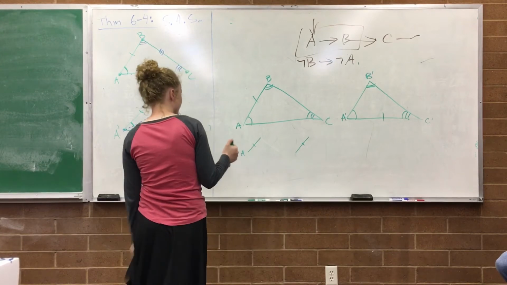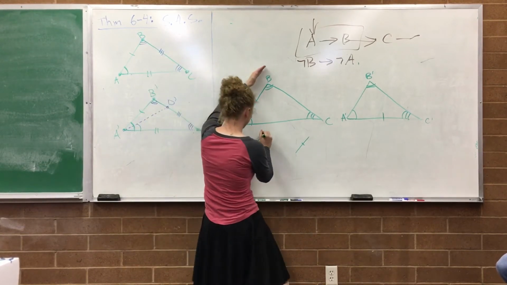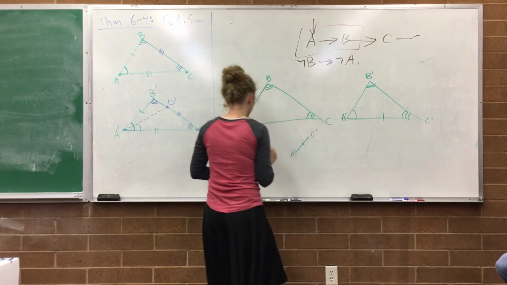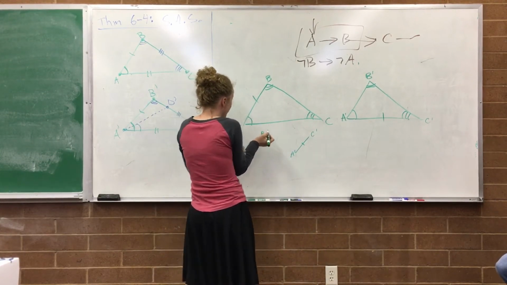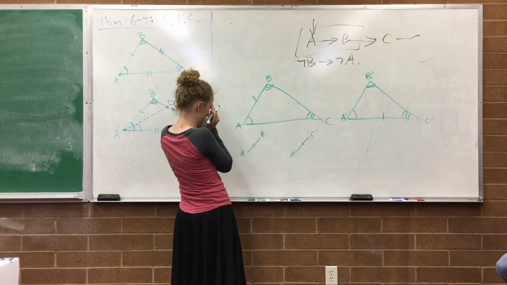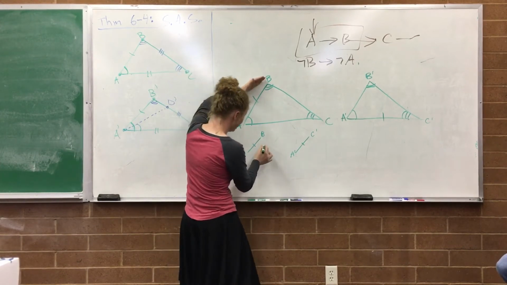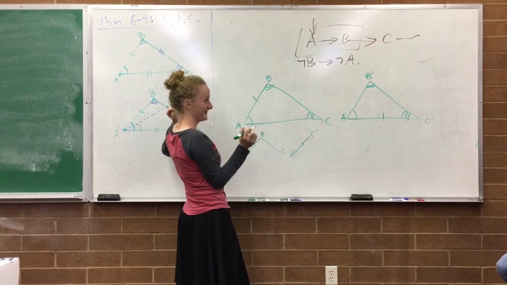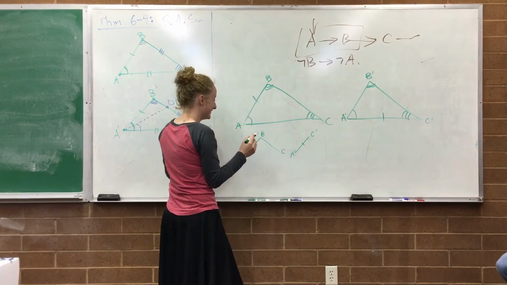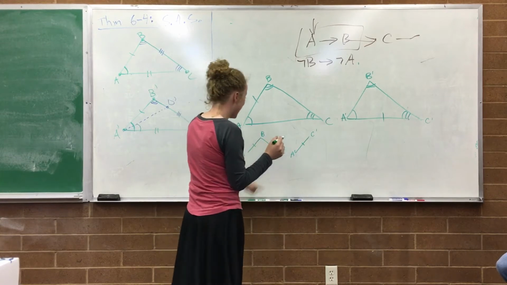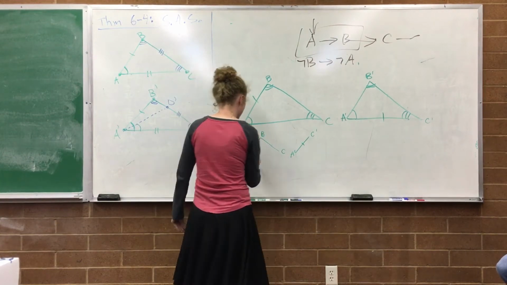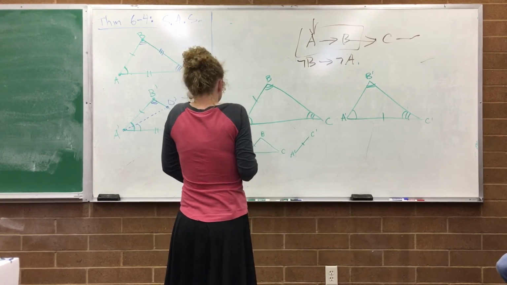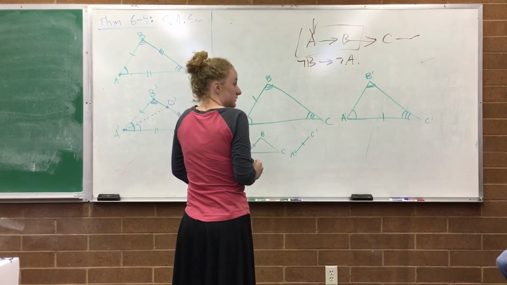Let me think. So you got A, B over there, and A prime, C prime over here. I'm going to draw the same. Did you know that C went over there? Congruent lines don't have to go the same direction. How do you know they're congruent then?